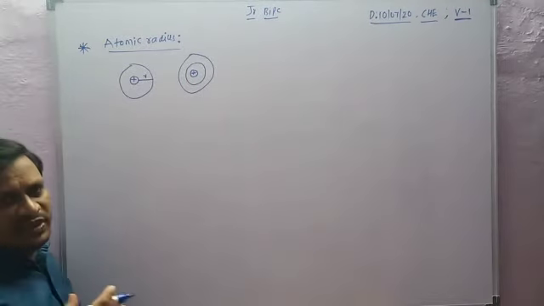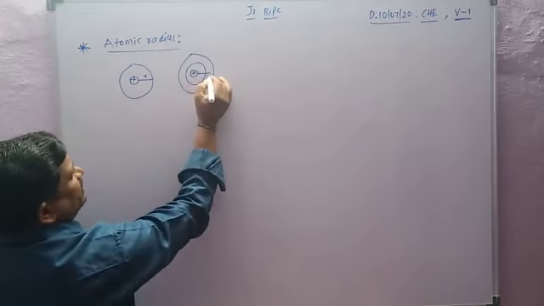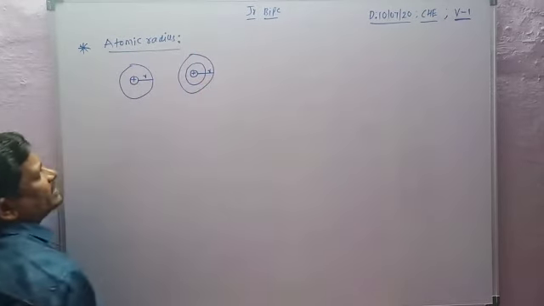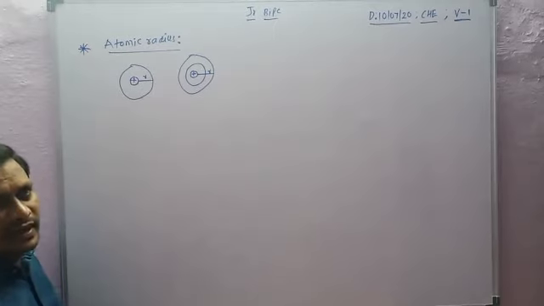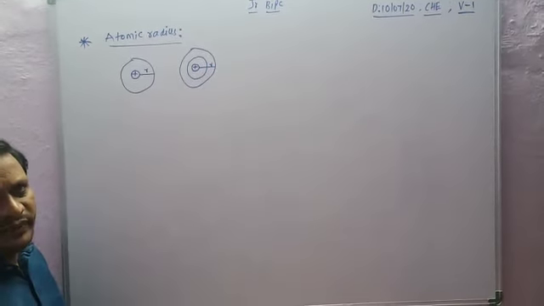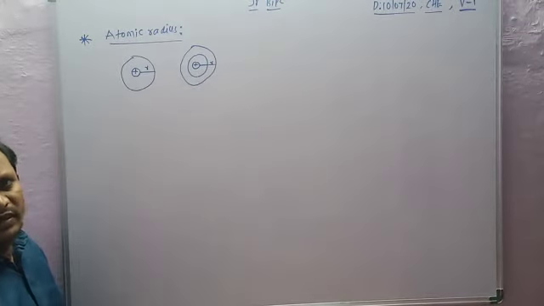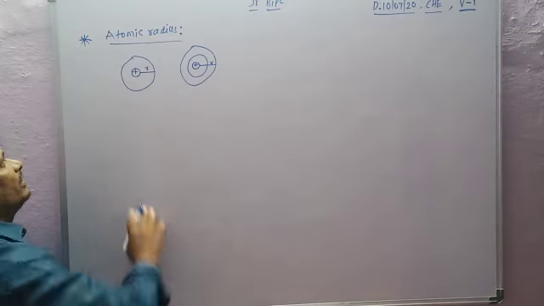Now the distance between the center of the nucleus and the outermost shell is the radius. If the number of orbits increases, the radius also increases.